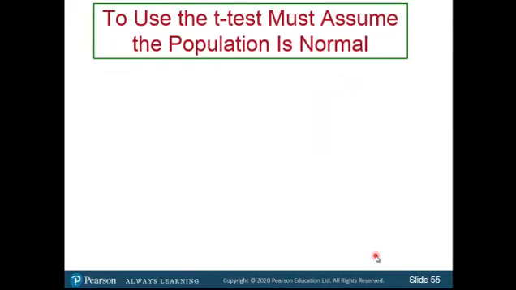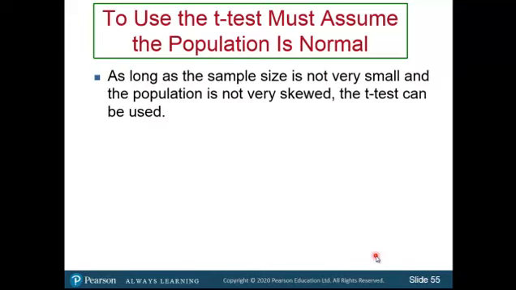To use the t-test, we must assume the population is normal. As long as the sample size is not very small and the population is not very skewed, the t-test can be used. The t-test is also known as a robust design. Robust design means it can accept many changes.